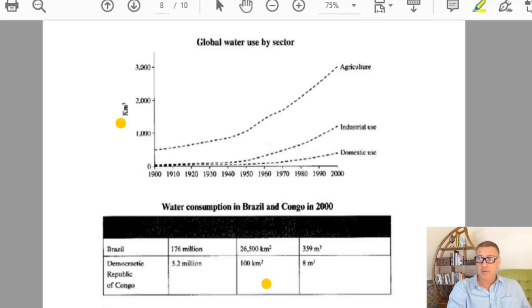Your overview is also similar in that it has two parts, and some people divide it into two different sentences. You're looking for the usual trends. Are we dealing with time or not? So global water use by sector, water consumption in Brazil and Congo in 2000.